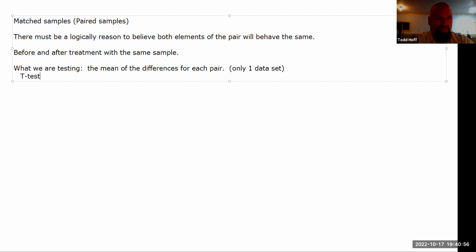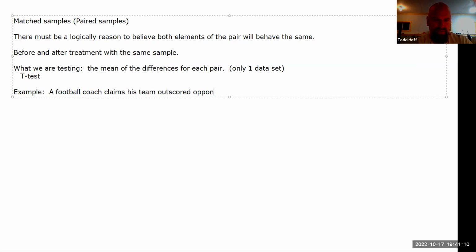So the example we're going to do here is a football coach claims that his team outscored opponents by an average of at least 12 points per game over the last 5 seasons.